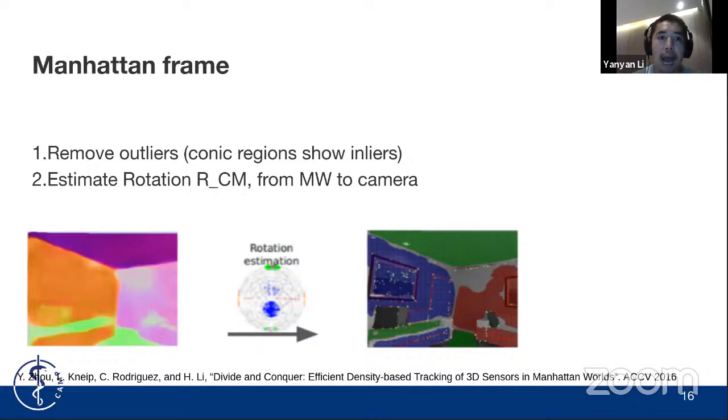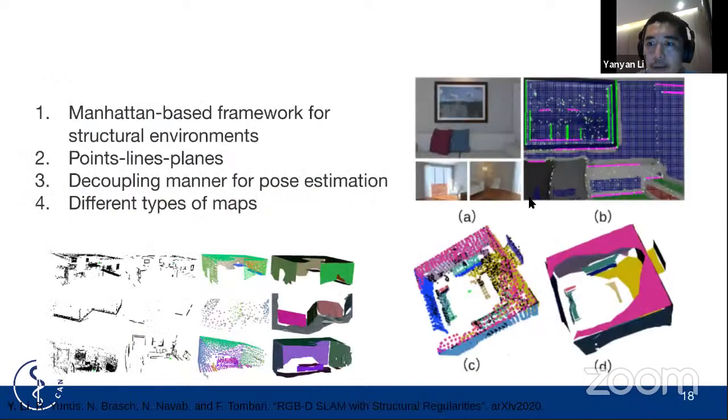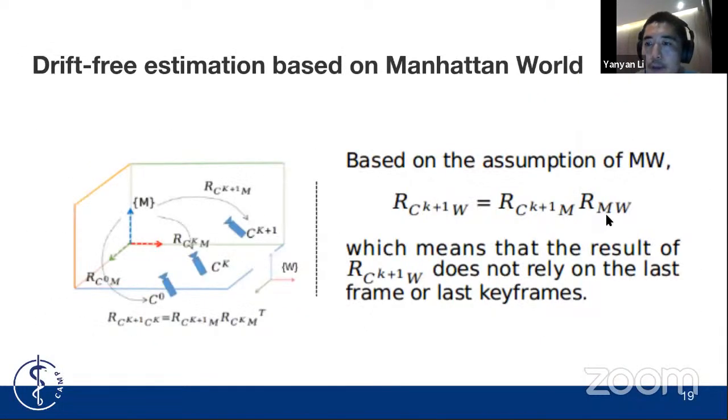Let's say this is the one from world coordinate to Manhattan coordinate. This is the rotation to align the world coordinate and the Manhattan coordinate.